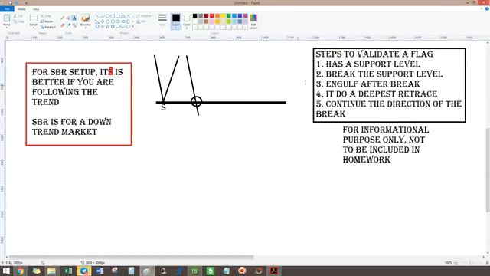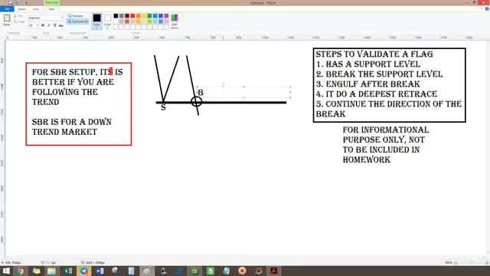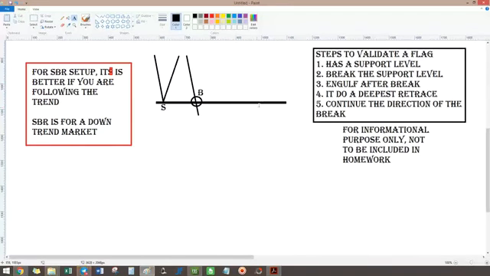So first, you have a support level. You have a break, which I will write as B. And then it engulfs. What it means by engulf is it does the thing like this, it goes like this. When it goes like this, we then do the deepest retrace.